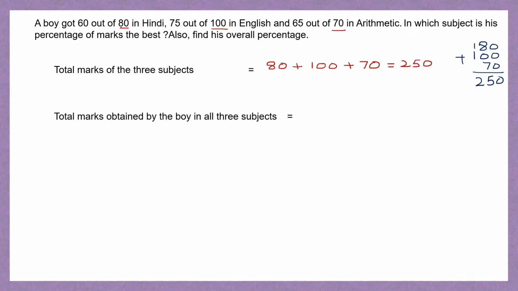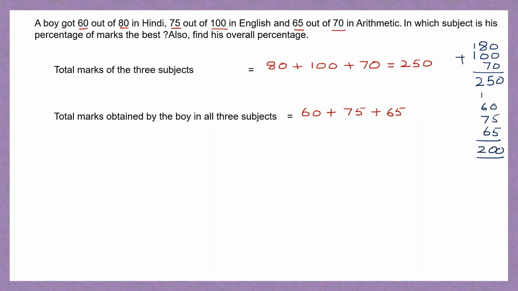Now, what are the total marks obtained by the boy in all 3 subjects? So he's got 60. Okay, let's add it up. 60 plus 75 plus 65. Let's add all that up. 5 plus 5 is 10, carry 1. 6 plus 1 is 7. 7 plus 7 is 14. 14 plus 6 is 20.